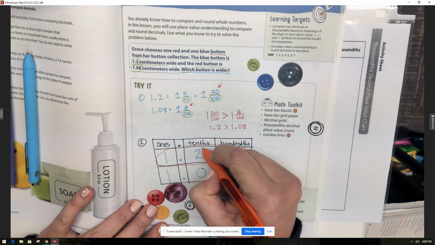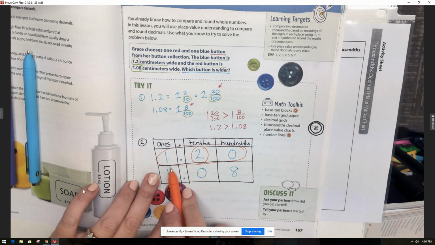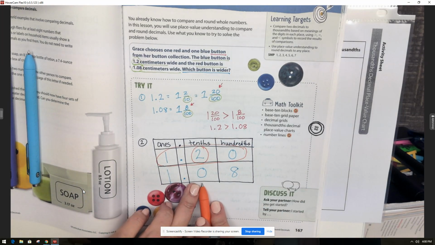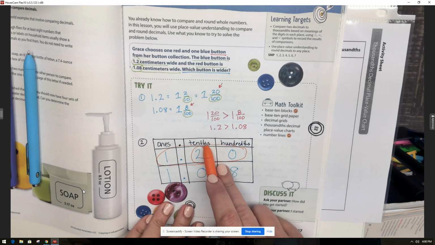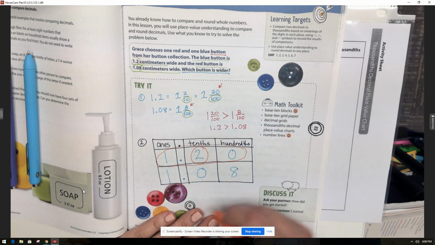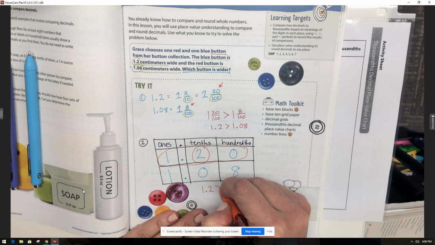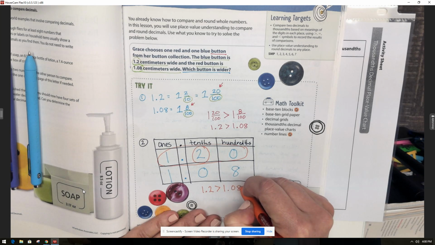Or if we were just looking at the place value, the ones are the same. We move over to the tenths, the 2 is greater, so therefore we know that 1 and 2/10 must be greater. So we would still write it the same: 1 and 2/10 is greater than 1 and 8/100.